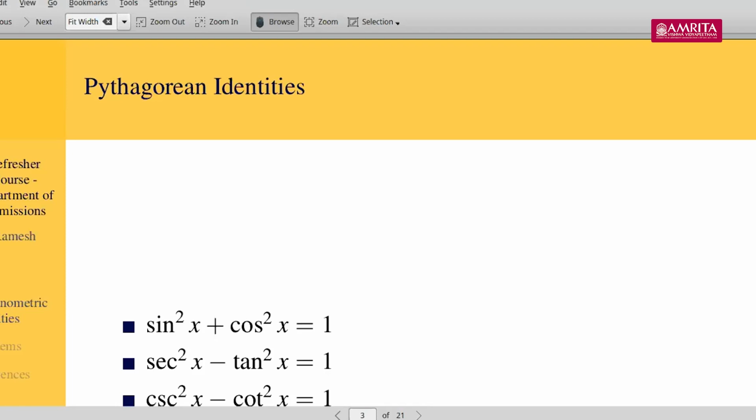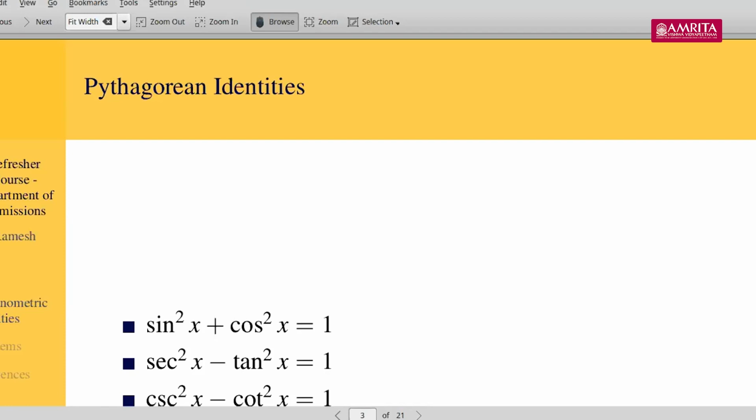So I can derive the second identity as secant squared theta minus tan squared theta is equal to 1. In a similar way, I am connecting with the cosecant and the cot. How I am connecting is very interesting. All these identities can be derived from a triangle, right? So x is an angle in one of the triangles.